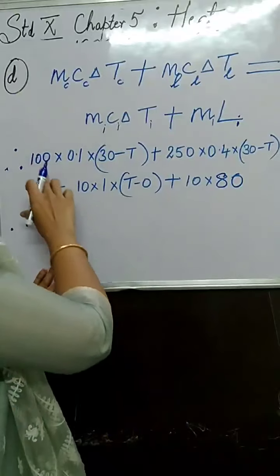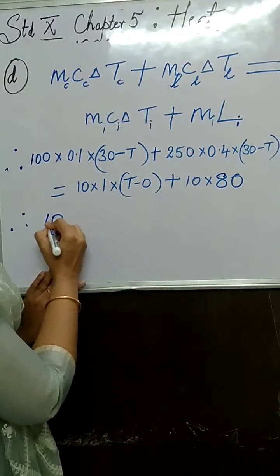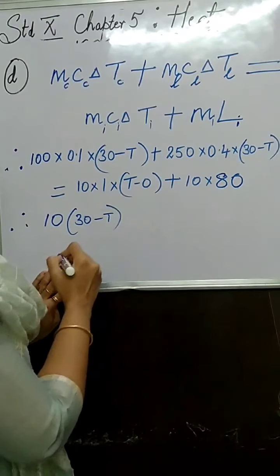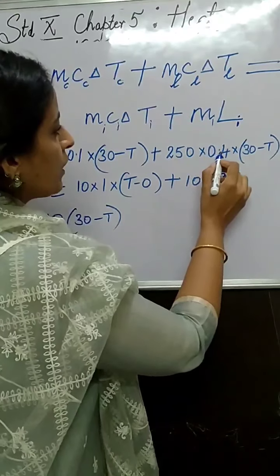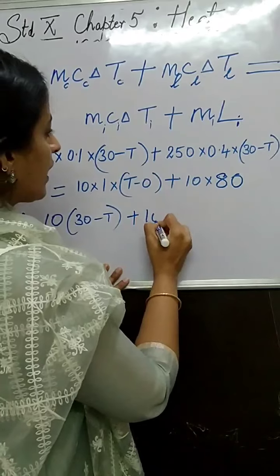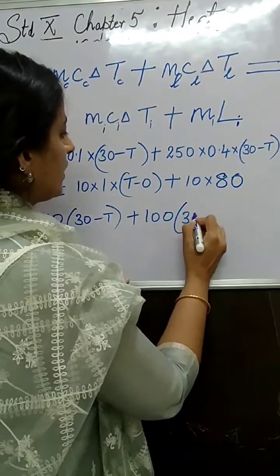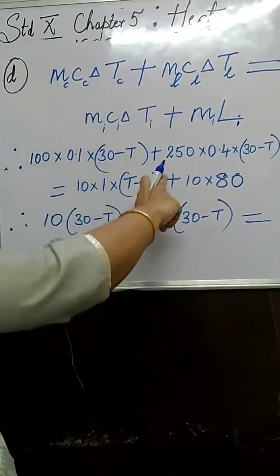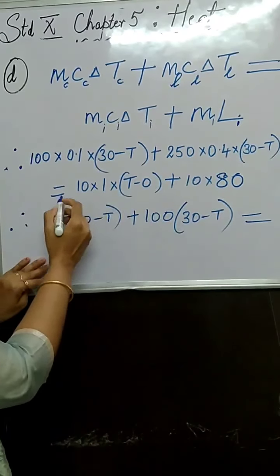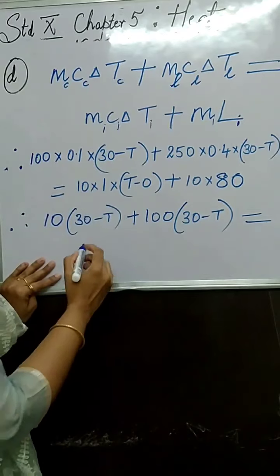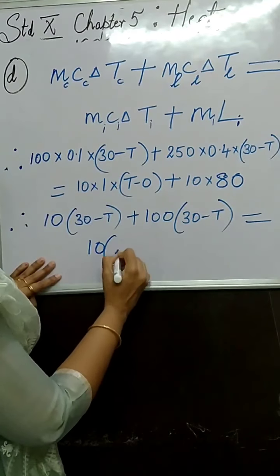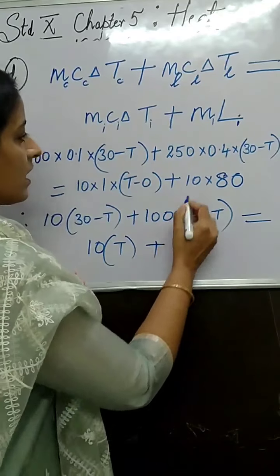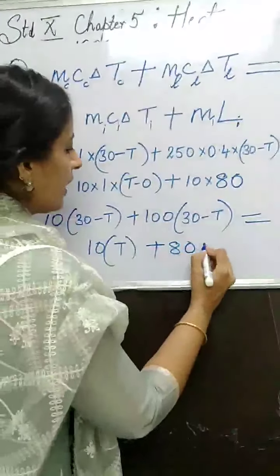To solve this equation, 100 into 0.1 will be 10, 30 minus T. Correct? 250 into 0.4 will be 100. Please check once again. 30 minus T is equal to, check this multiplication once again, 10 into 1, 10. T minus 0 will be T plus 100 into 80 will be 800.